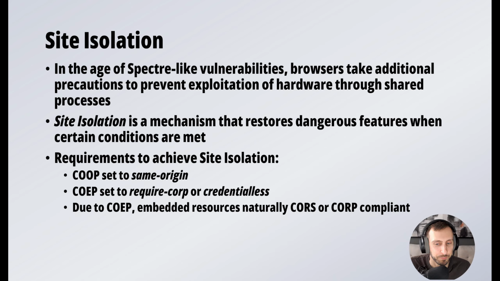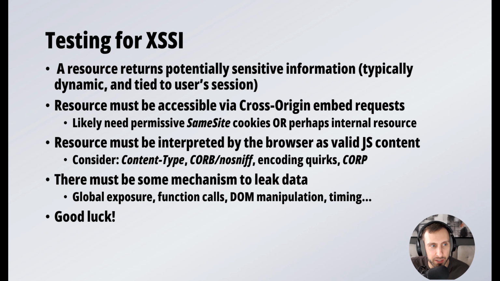And due to COEP being set, the embedded resources on your site naturally also have to be CORS or CORP compliant to be embedded in that COEP configuration. All of those considerations don't really come up day to day in application security testing, but if you're curious, I would definitely recommend reading more about all of those mechanisms.